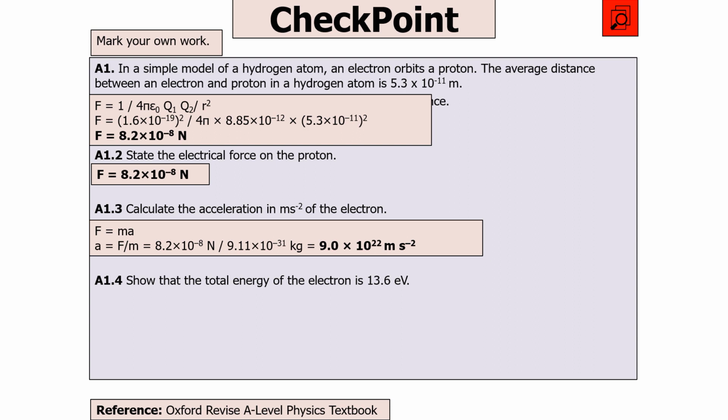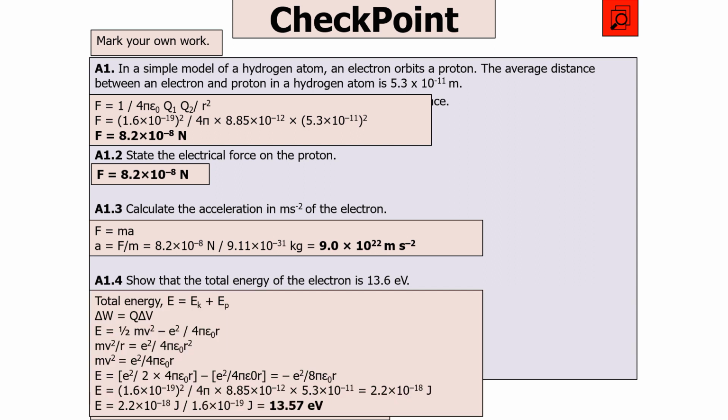Now, how to work out the total energy of the electron? Well, it's orbiting, and if you remember, the total energy of an orbit is the kinetic energy plus the potential energy. We also know that the work done is going to be the charge times the potential difference.